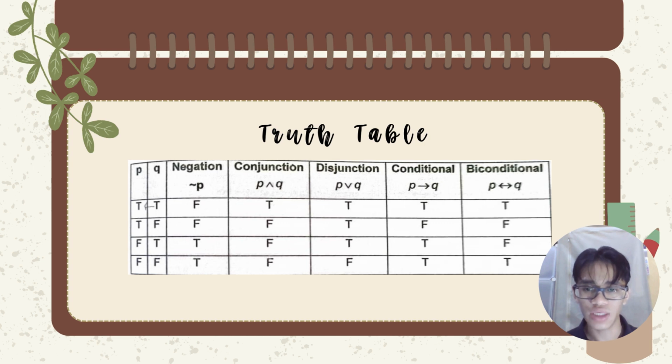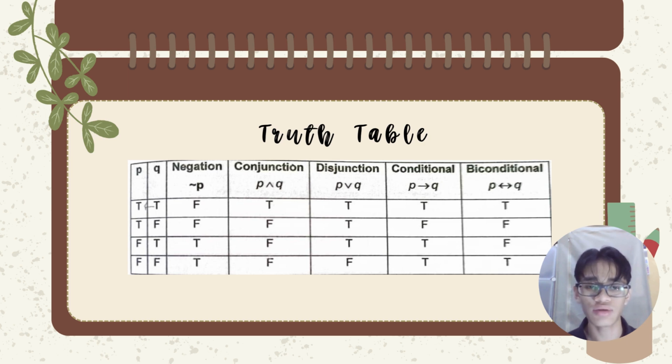But when P is false and Q is true, it will return true. And if P and Q have the same truth value, it will return true. So for this column, the truth values are true, false, true, true.